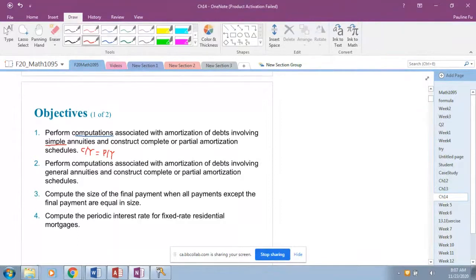And then we also compute the general annuities. Remember, general means interest conversion period per year not equal to number of payments per year.